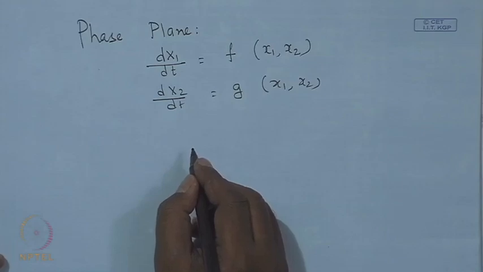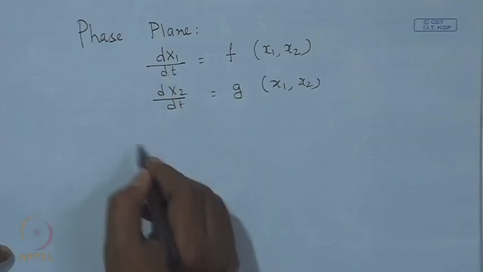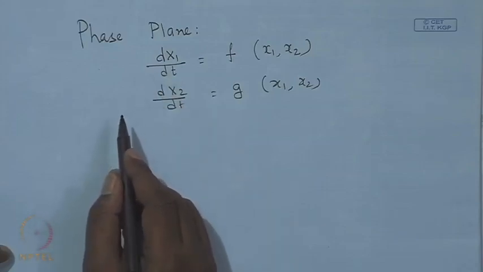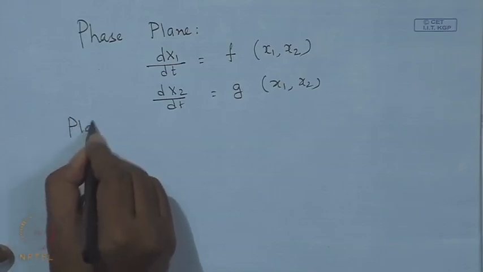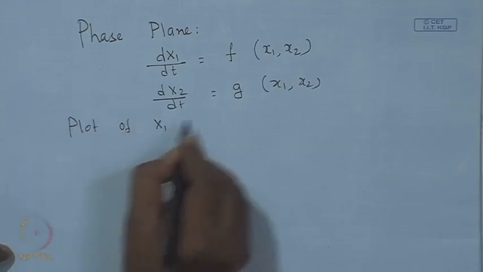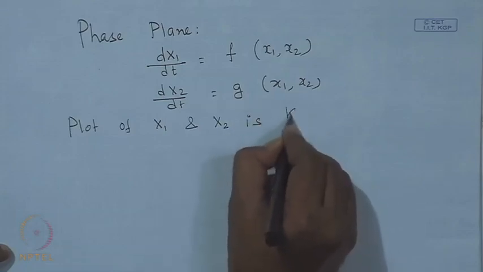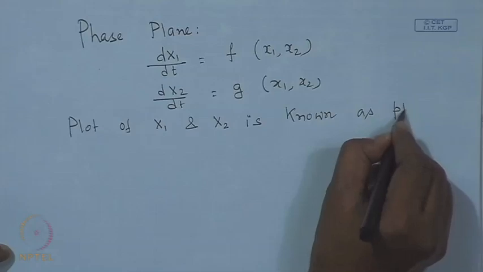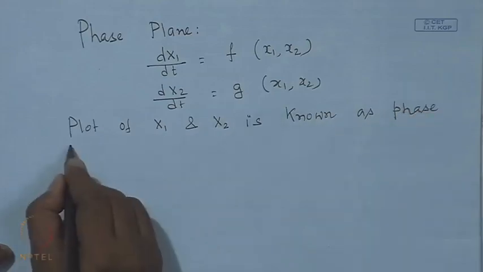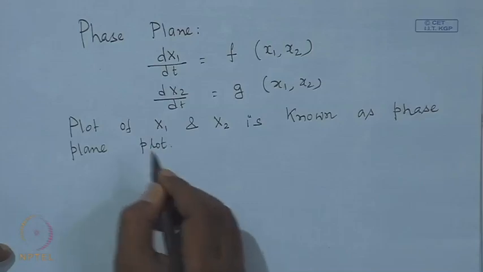Then the plane where the system behavior evolves dynamically, the plot of x1 and x2, is known as the phase plane plot.